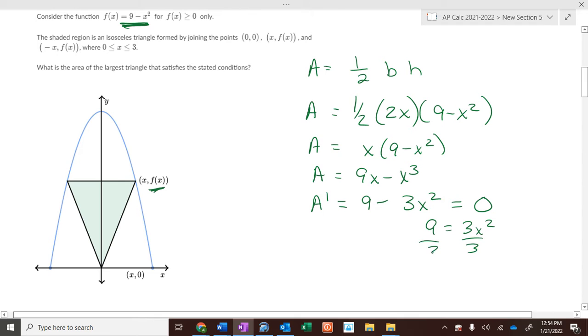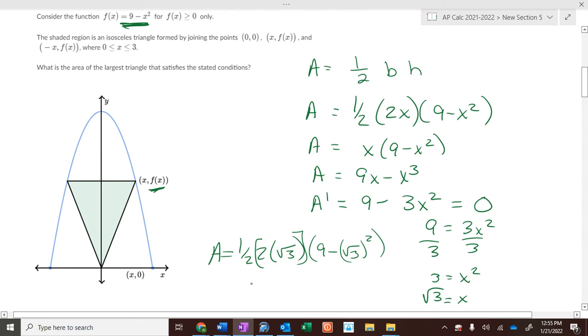Divide by 3. x equals what? Square root of 3. Now we're going to plug it back in. If we plug it back in, the area is going to be 1/2, 2 times the square root of 3, times 9 minus the square root of 3 squared.